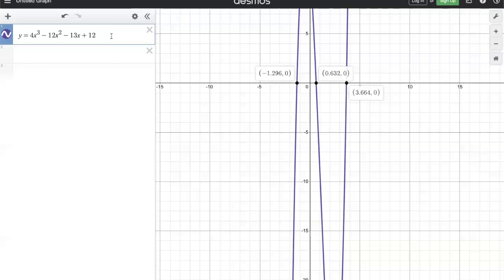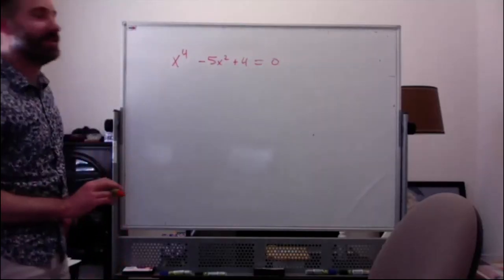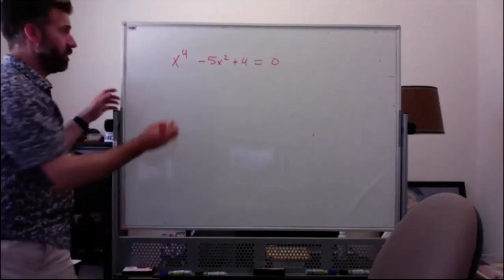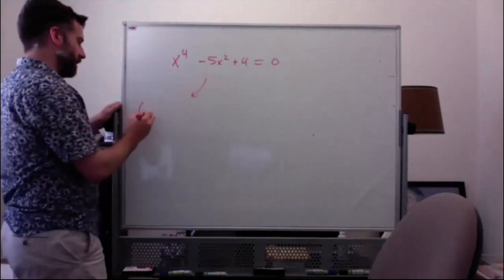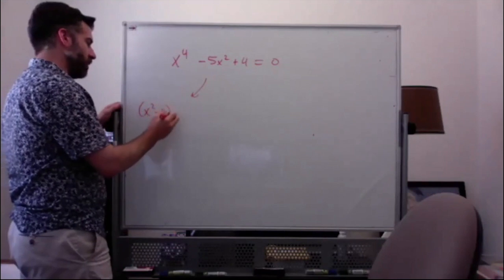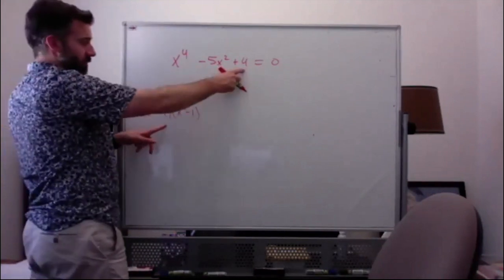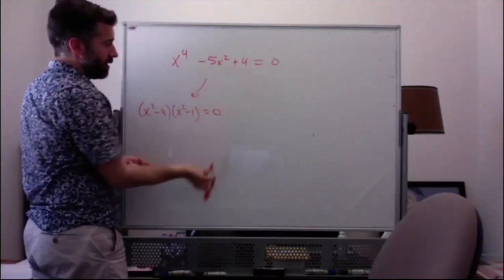What we're going to see is you can either factor these like quadratics. So I can think of factoring this as x squared minus 4 times x squared minus 1. So I'm looking for numbers that multiply to 4 and add to negative 5.